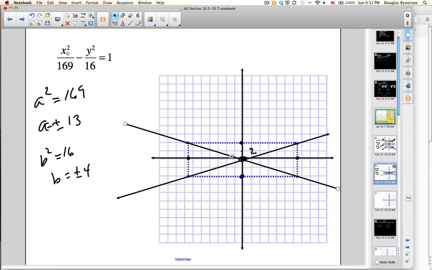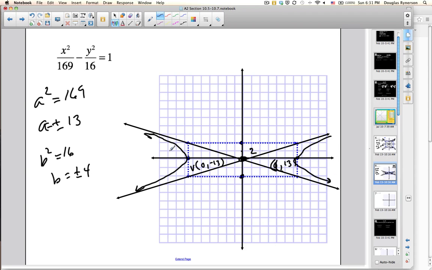I know that because x was first. In the previous example, y was first. So this is my vertex here. I have a vertex at 0, -13, and another one at 0, 13. And I come in along here, pass through my vertex, and go out along the other asymptote.